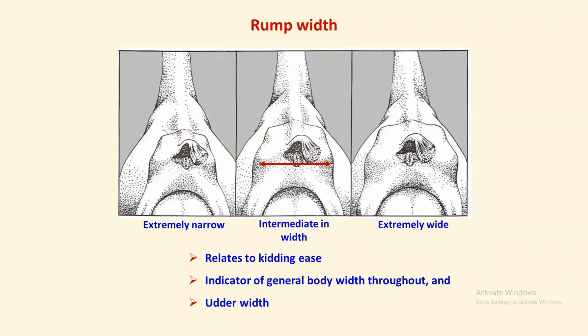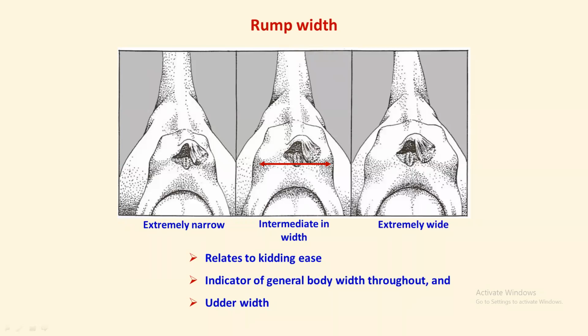Next will be the ramp width. Width of the ramp should always be more. More width of the ramp is related to better body width as well as better udder. Kidding will be easier. Why? You see, if the ramp width is more, it means the udder width will also be more, and the animal can easily give birth to twins and triplets.